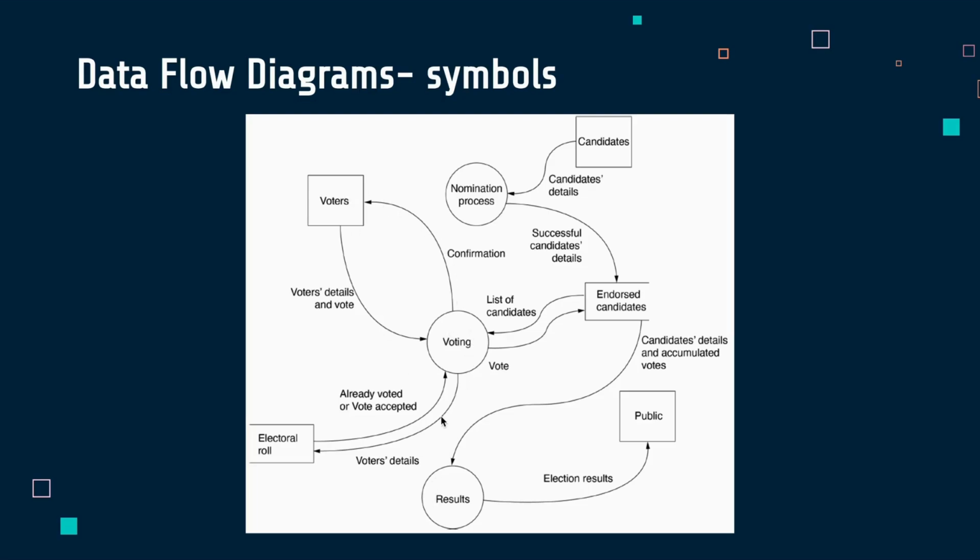The voters' details then get sent to the electoral roll so that they can check and see if they have already voted or they are allowed to vote. The endorsed candidates database, those details are then sent, the candidates' details and all the votes are sent to a results process. The results process then sends the final election results back out to the public.